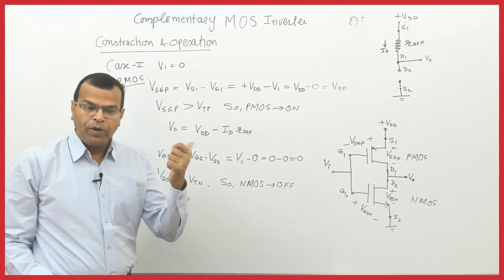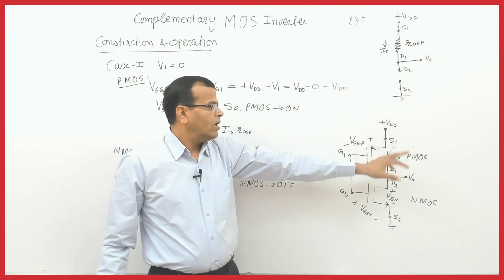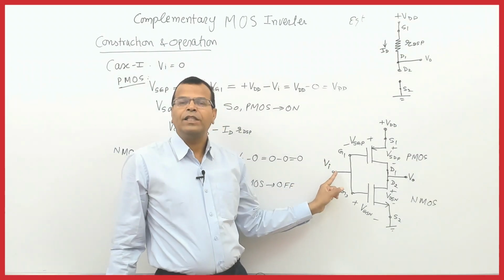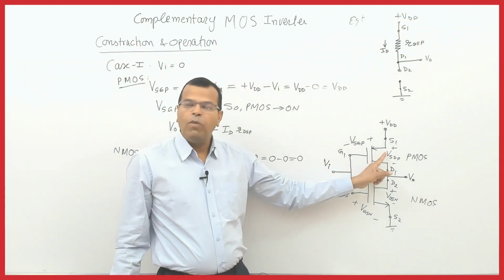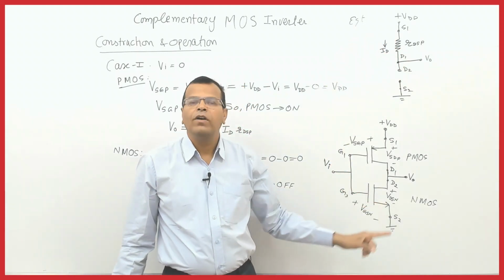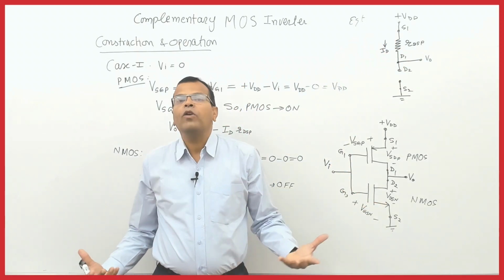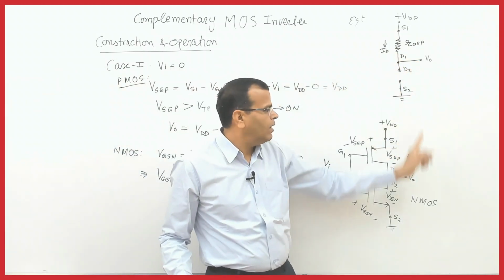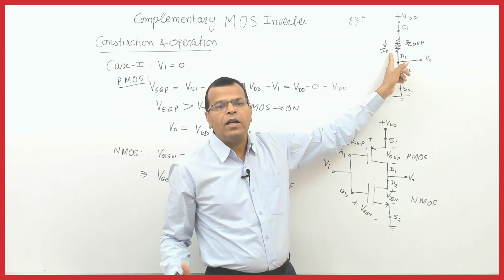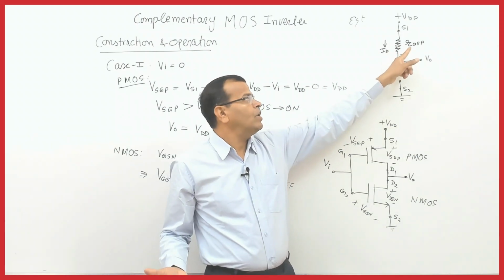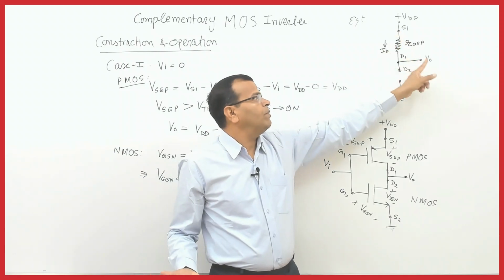So the interesting point here is, when the input voltage is 0, at logic 0, PMOS is on, offering some finite resistance, and NMOS is off, behaving like an open switch. So if it is open, drain current is 0. If drain current is 0, then what will be the voltage V0?